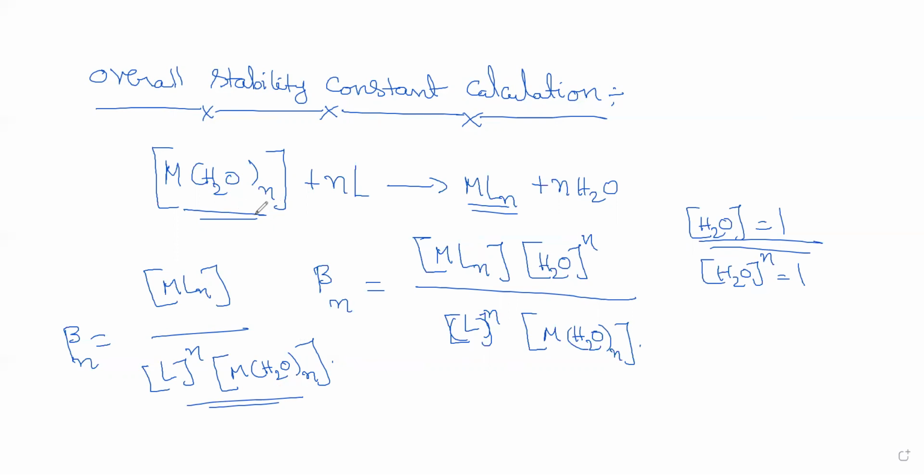Now, the overall stability constant can be calculated stepwise. That is the idea. The idea is to get MLn. So how do we get MLn? M plus L gives ML.